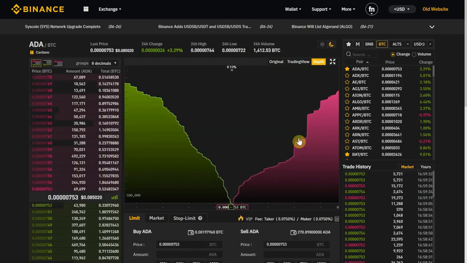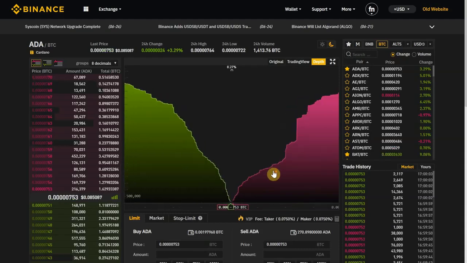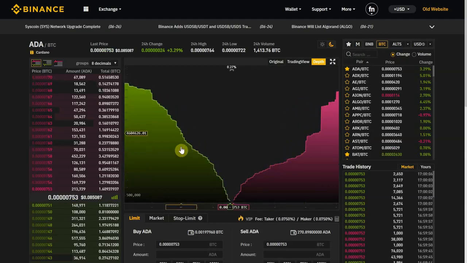So if I wanted to make things smoother, or make my order fill a little before some of the volume here, I would simply move it a little bit lower, and I wouldn't have to wait for this section here to be cleared. Can be confusing. I think it's pretty easy once you get a hold of what's a bid and what's an ask.